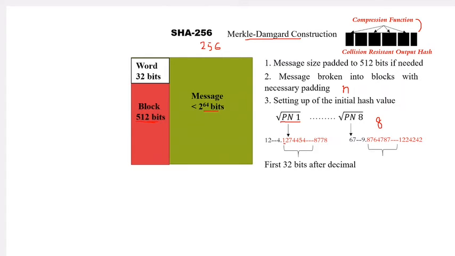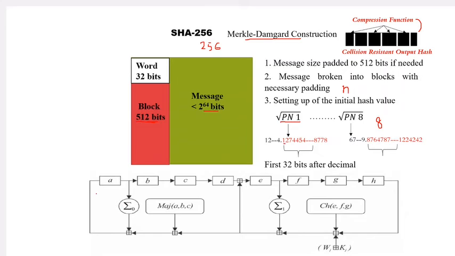Now next, in each round, these are the registers, and the message and the different compression functions are used. In this case we have these functions which are used bitwise. This is done in 64 rounds, where in each round intermediate hash values are found, and after 64 rounds we get the final hash value, the output hash.